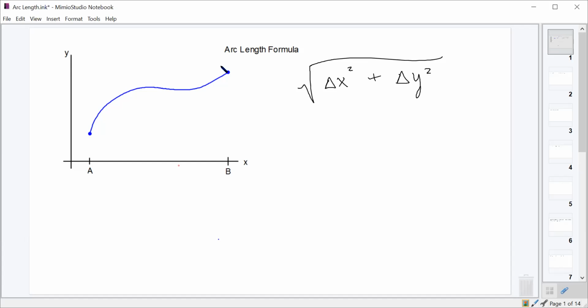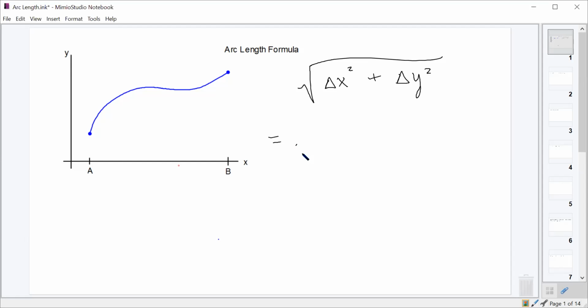Think back to when we did differentials. We just use a tangent line, right? We use a derivative to do that. And so the derivative tells us how much y changes given a small change in x.